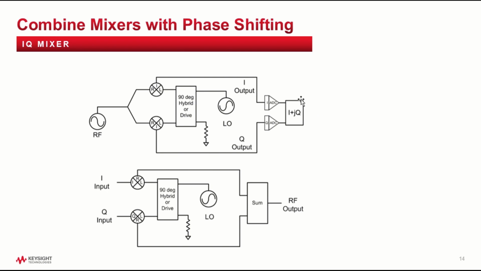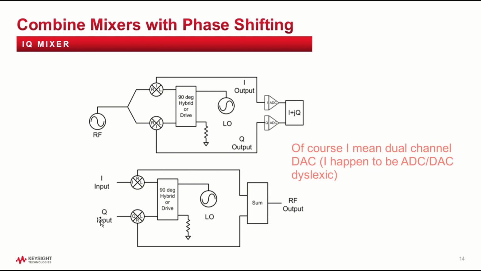And when we do that, we also get a numerical image rejection. So even though we get two signals out here and two signals out here, we sample them both with the ADC. The image signals are rejected. And in an up converter, we can drive an I and a Q input signal. You can get that by putting another hybrid at the input, or you can drive it with two different signals. This is classically what's done with a dual channel ARB or dual channel ADC, where you have an I signal and a Q signal.